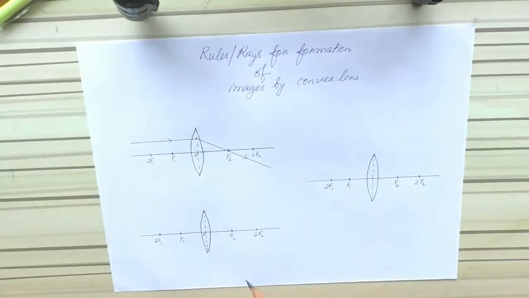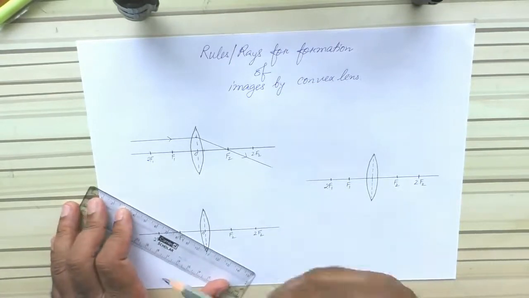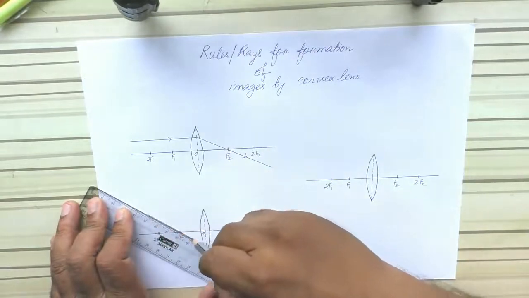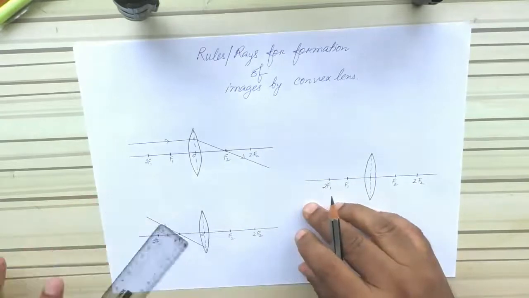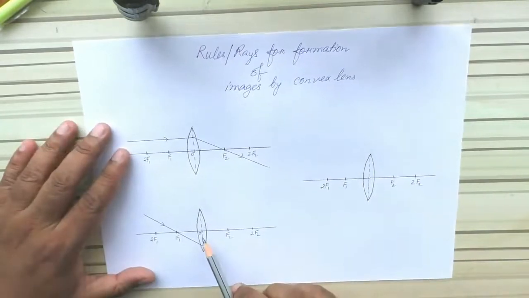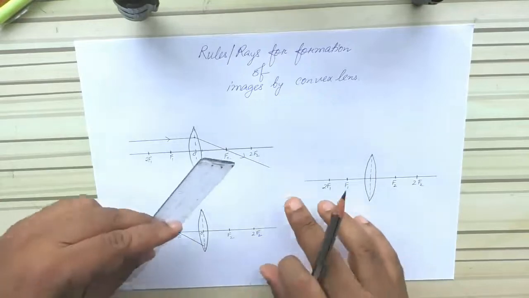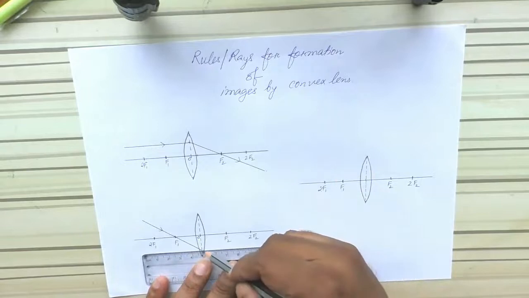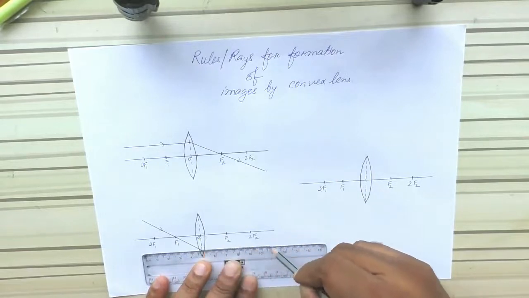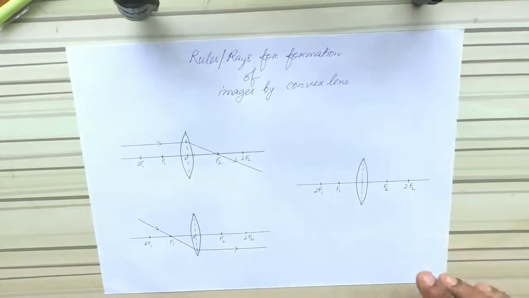Now second rule is opposite to the first one. If I ask you, what happens to a ray of light that incident after passing through focus? If a ray of light incident on a convex lens after passing through focus, what happens to this light ray? After refraction, this light ray will become parallel to the principal axis.